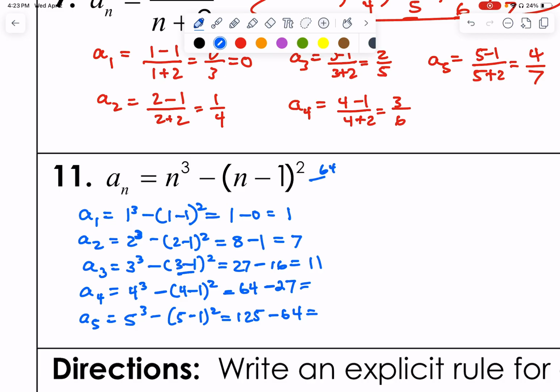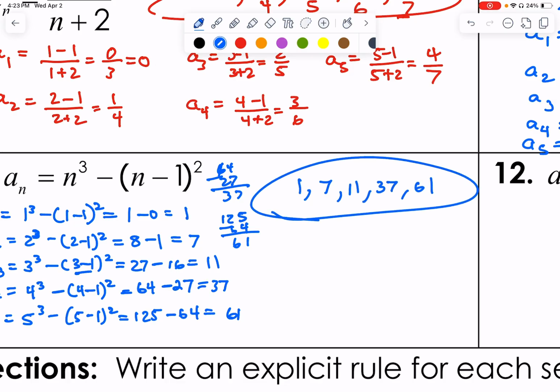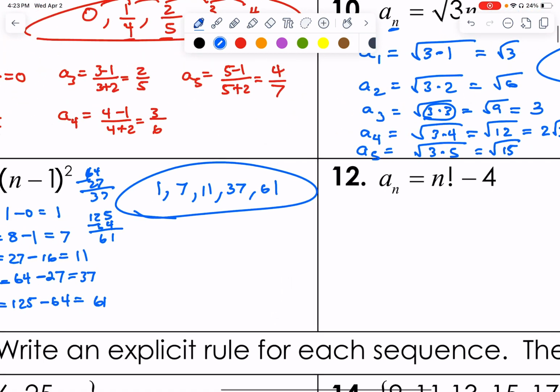What's 64 minus 27? 37. Is that 37? Yeah, I believe so. And then 125 minus 64. This is what you do if you can't do it in your head. 61. Yeah, there we go. See, even math teachers have to do some mental math on paper. So 1, 7, 11, 37, 61.